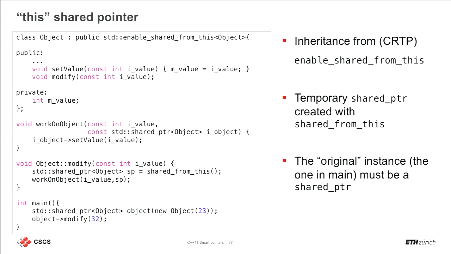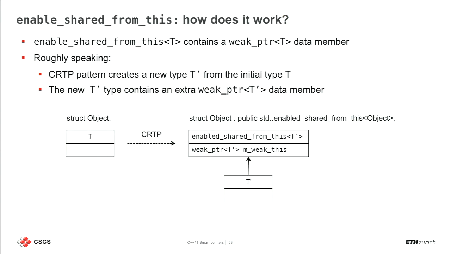main function must be a shared pointer. Here you cannot have a raw pointer anymore, because otherwise you will have a specific exception in this kind of example. So these are the main differences. I will not go too deep in the implementation of this stuff, but basically the idea, just have a look at the first line, is that the enable shared from this object contains a weak pointer as a data member, a weak pointer to the same type of your object, basically.